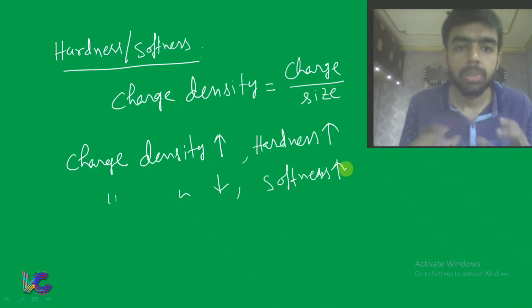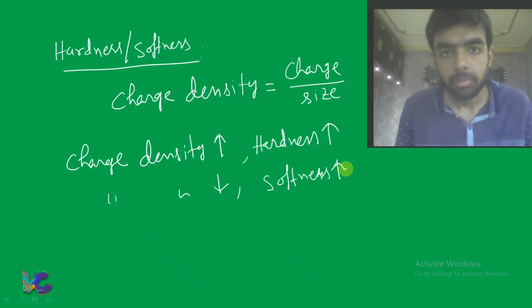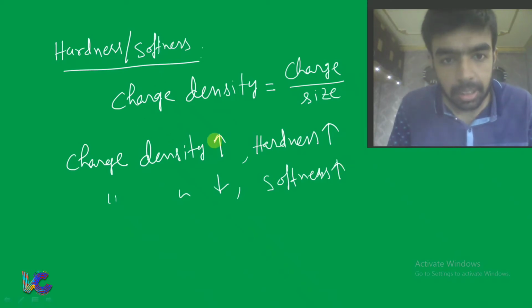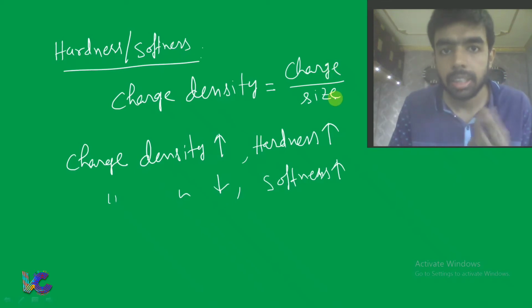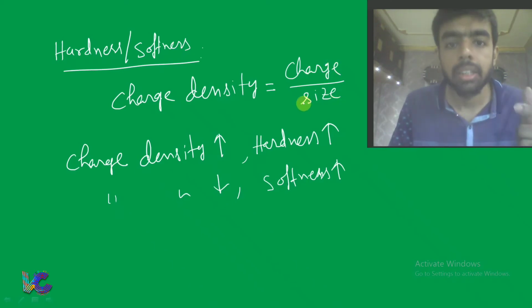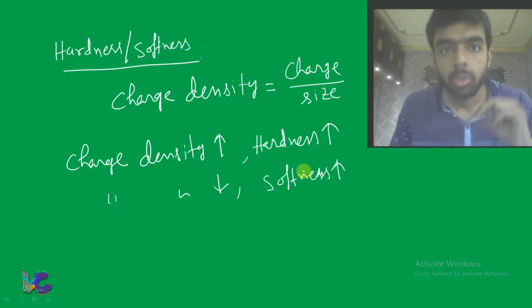So from charge density we can explain what is hard and what is soft. When charge density is increasing, hardness is increasing, that means either the charge is increasing or the size is decreasing. Now if charge is decreasing and size is increasing, softness will increase. That means soft character will increase.